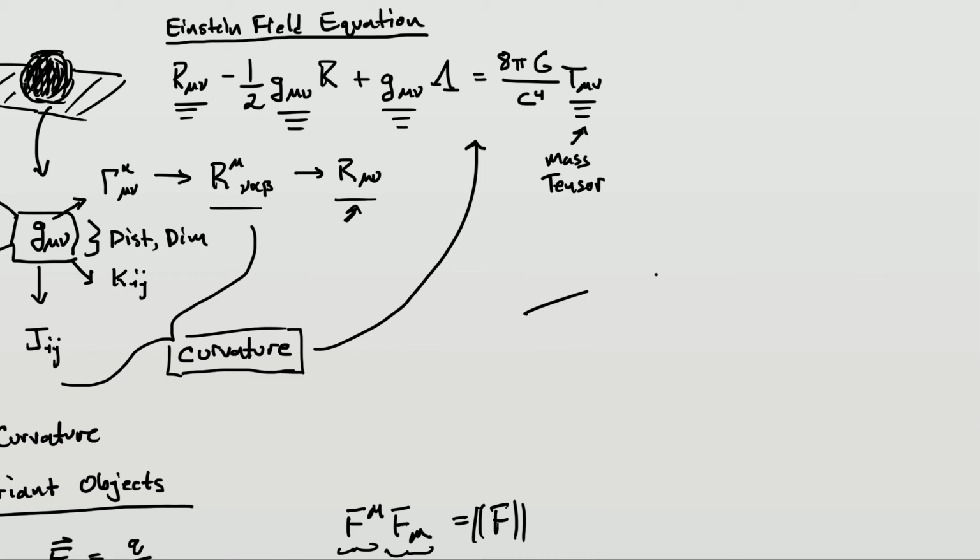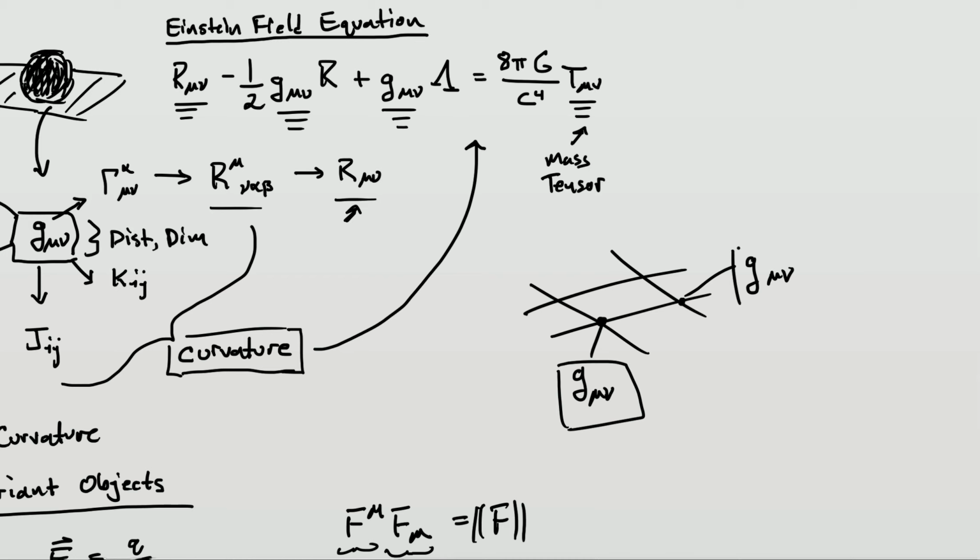It's distance and dimensionality, right? And it exists everywhere in space. So if I have some space, I have right here a G mu nu. Right here, I have a G mu nu. There's nothing stopping us from saying that one might be different than the other, right?